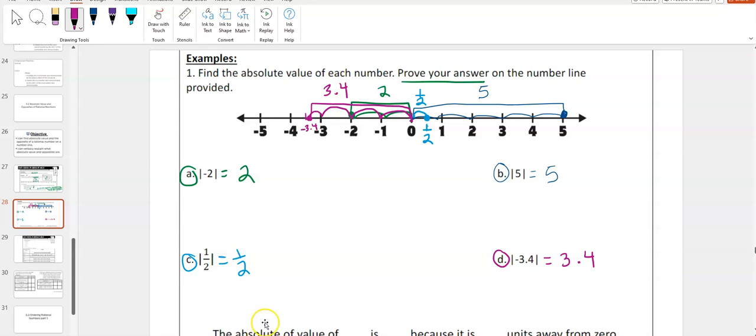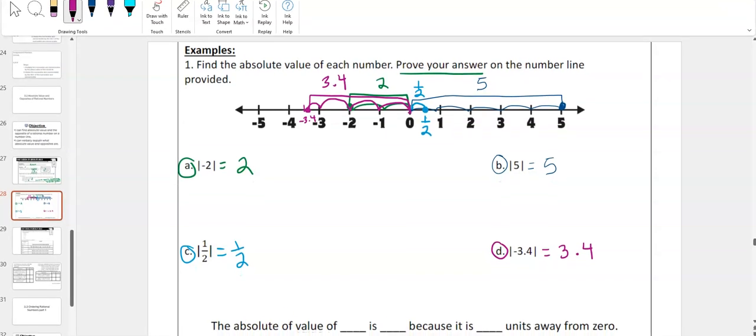All right. So I want to go ahead and move this down a little bit because I want to show you this sentence down here. So I just demonstrated all of this and proved my answers on a number line by drawing different models. But another way you can prove your answer is by writing a statement, and that statement is right here.